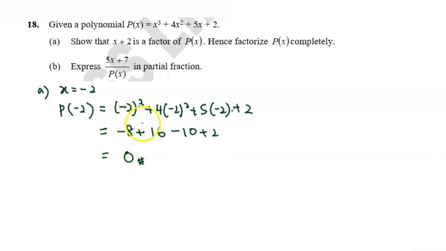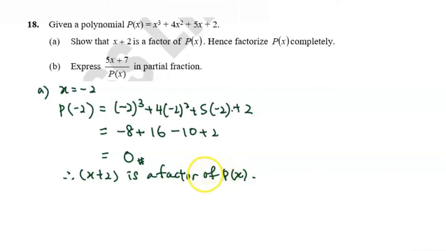So when the calculation equals 0, now we can say this x plus 2 in bracket is a factor of our polynomial P(x).